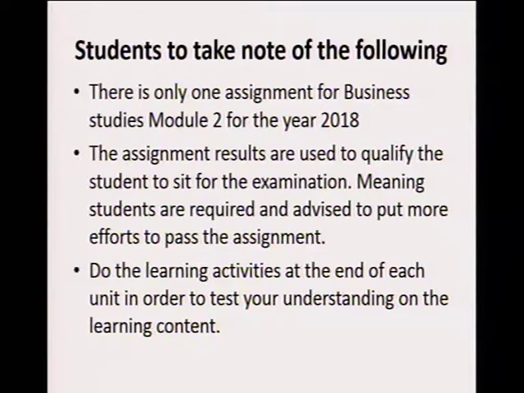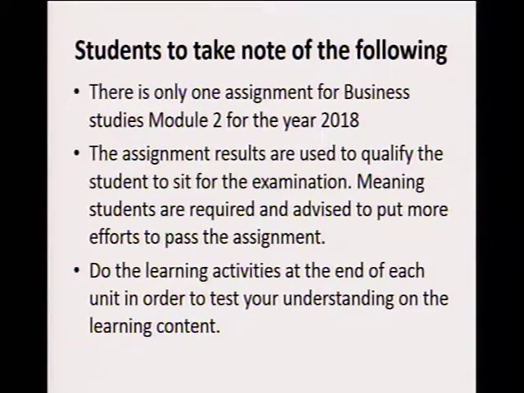Students are advised to take note of the following information. As said, this is in preparation of your assignment writing. There is only one assignment for Business Studies Module 2 for the year 2018.